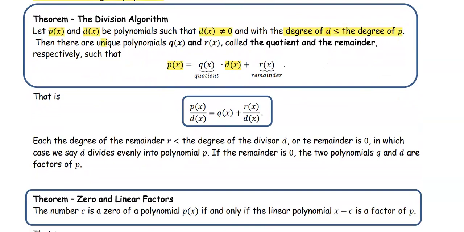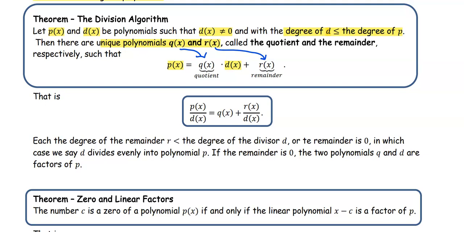Then there are unique polynomials q(x) and r(x). We call q(x) the quotient and r(x) the remainder. With this relationship, if we divide all by d(x), since d(x) is not zero, we can divide every term.